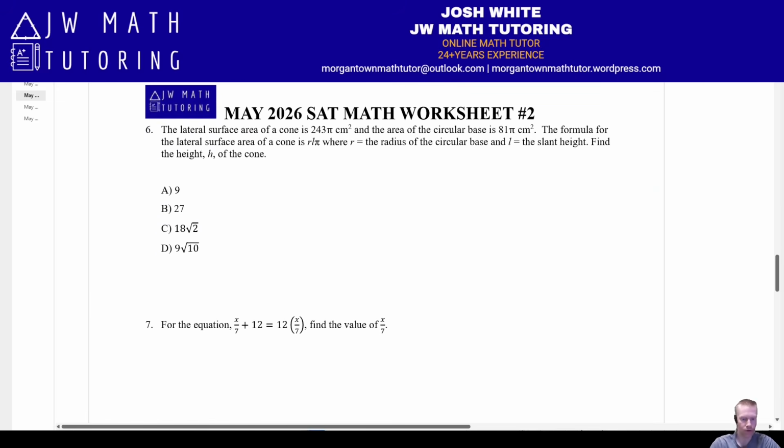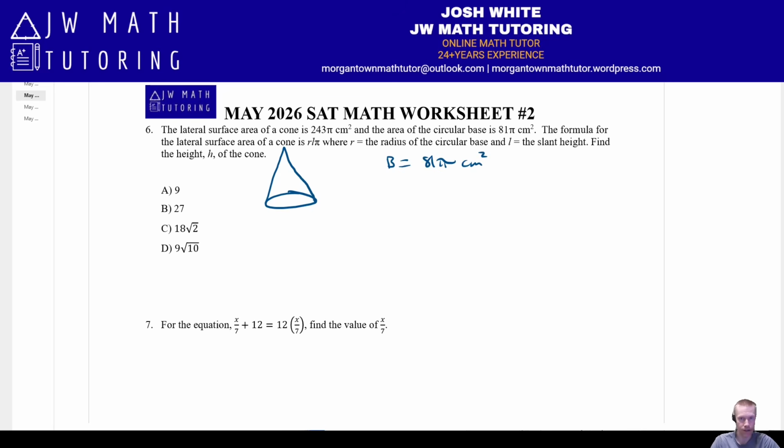Okay, next up, there was a question about a cone that dealt with the lateral surface area of it. So the lateral surface area is basically just the surface area of the triangular pointy part, not including the circular base, essentially. The base area is given here, 81 pi.